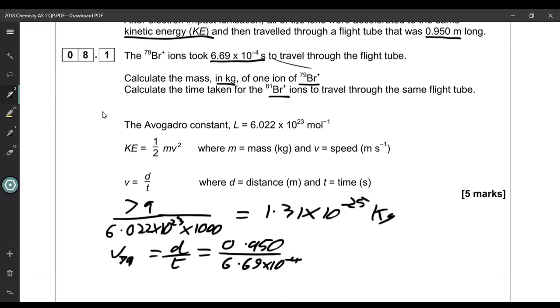So the velocity that the Br79 ions had was 1420 meters per second.